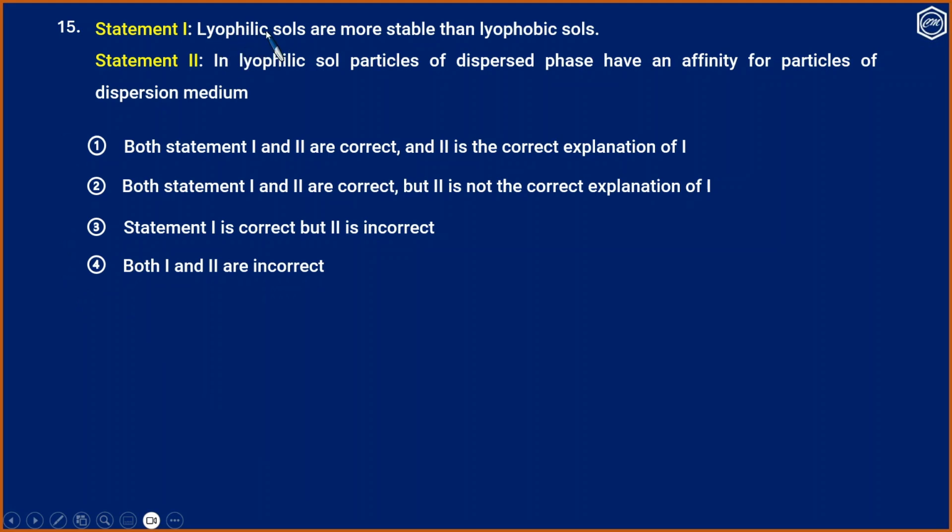Statement 1 is true: lyophilic sols are more stable than lyophobic sols. And the reason is that in lyophilic sols, particles of the dispersed phase have an affinity for particles of the dispersion medium. So statement 2 is correct and it is the correct explanation for statement 1. So option 1 is the correct answer.